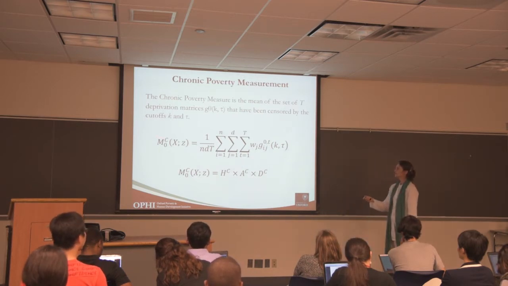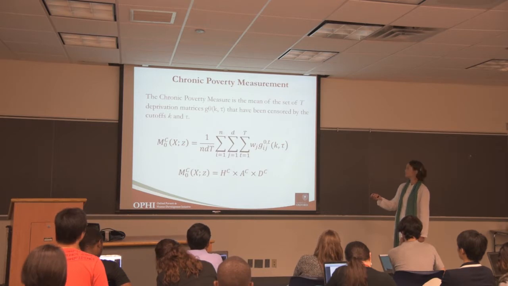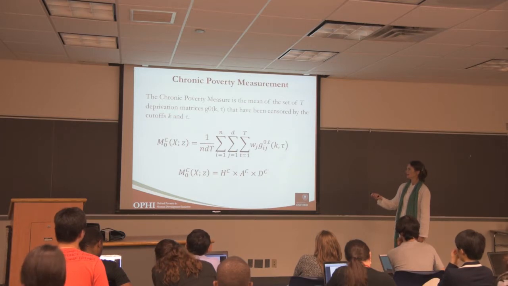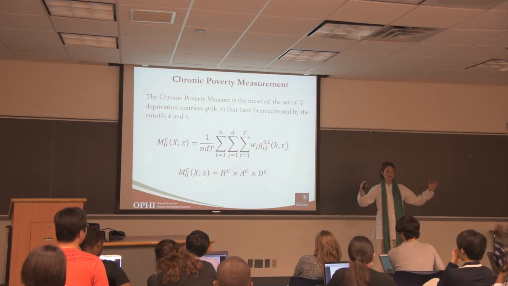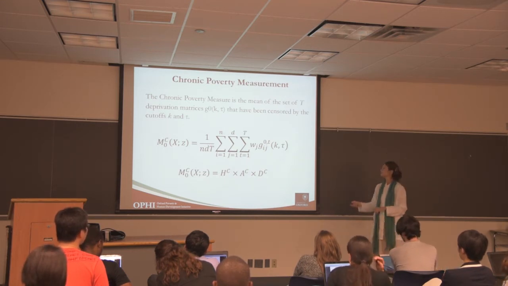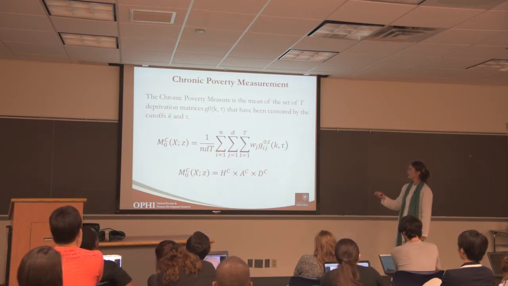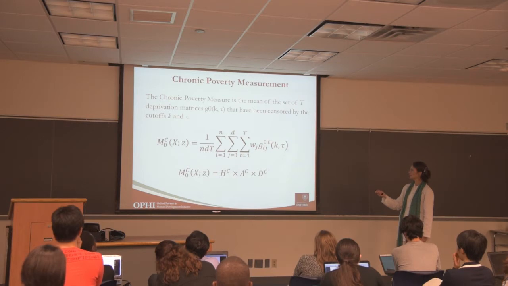So formally, the chronic M0 measure for achievement X, given the deprivation cutoffs, is the mean. So you're taking the mean across the number of people, the number of dimensions, and the number of time periods. So that's going to be the total n by d matrices for t time periods, n d t, of all of the people, all of the dimensions, and all of the periods of the weighted deprivations that you're experiencing.